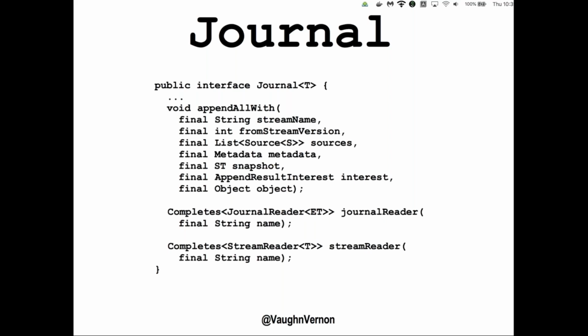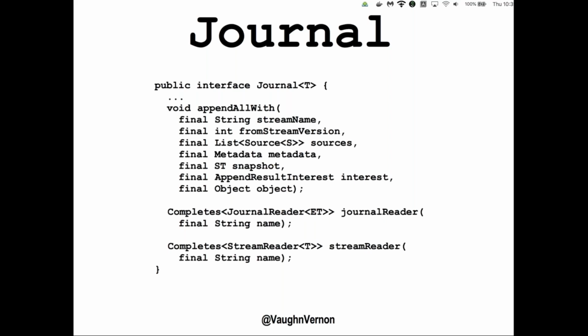This is where you can append, actually the other methods above this, which are less rich, you can append a single event, or you can append all, which is a list of any number of sources. You provide the stream name.